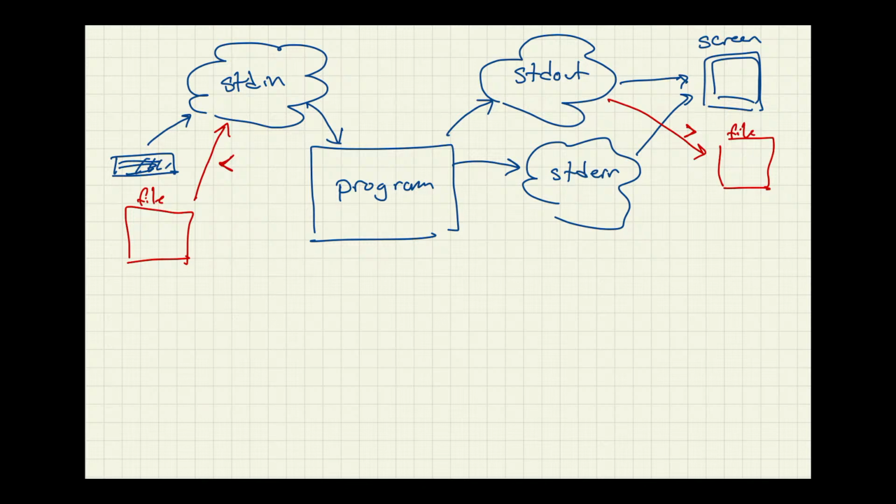And the pipe symbol can be used to redirect either standard input or standard output, not from a file, but from another program. So you might have a program over here, and another program over here. Actually, this is just a whole separate diagram, so I'll just go to another screen.